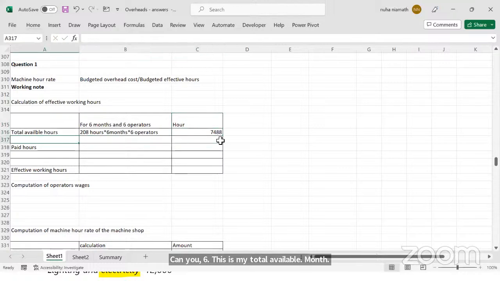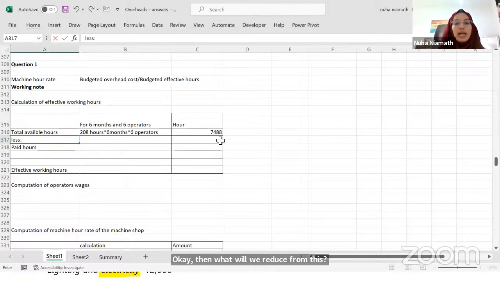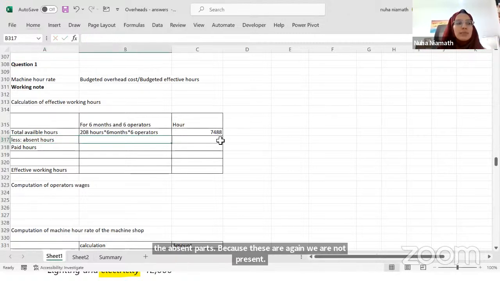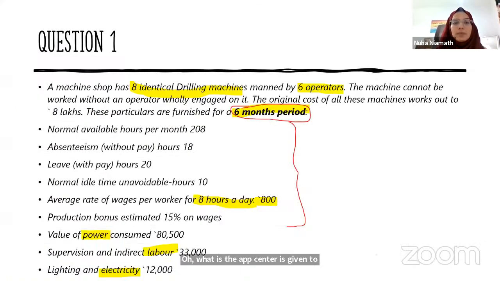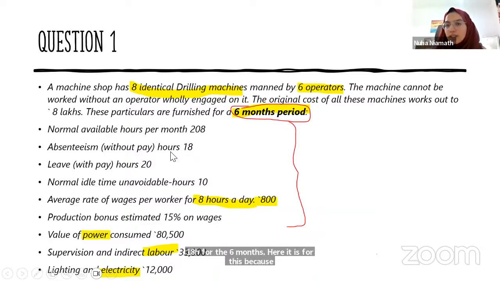Okay. Then what will we reduce from this? We will reduce the absent hours, because these hours, they are not present. So what is the absent hours given to be? Absent hours is given to be 18 hours for the 6 months. Here specifically per month is mentioned, but here nothing is mentioned, so this 18 hours is for the entire 6 months.